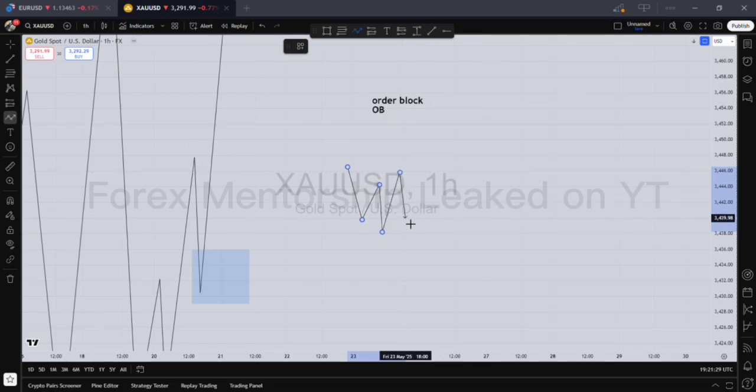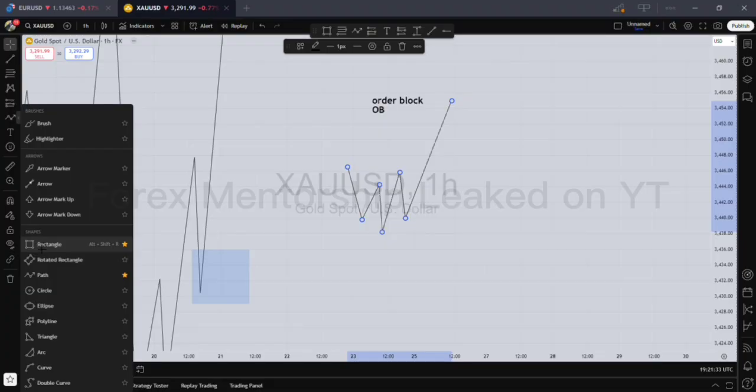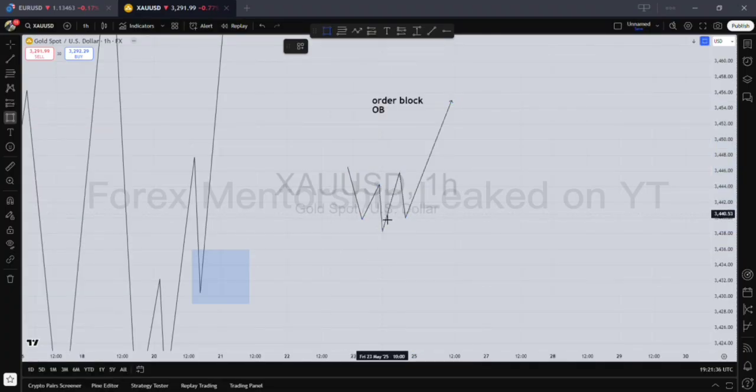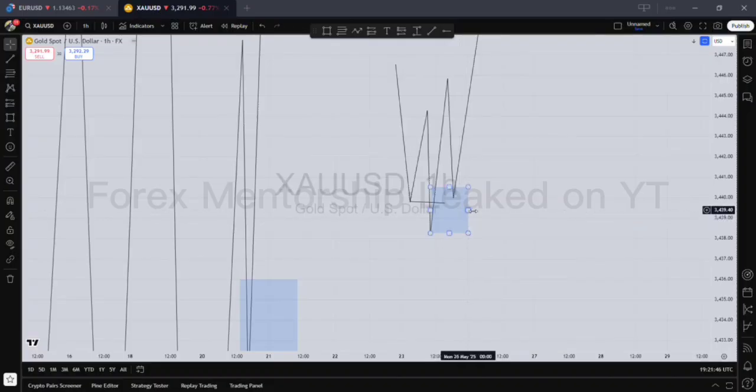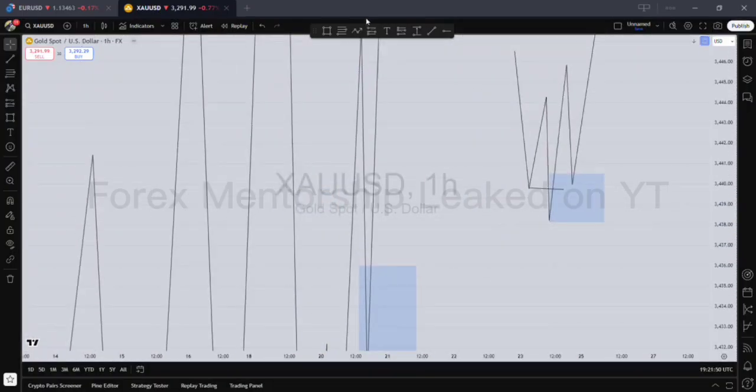So price comes back in and boom. So where is my order block? Here. Liquidity cleared. So this becomes my order block.